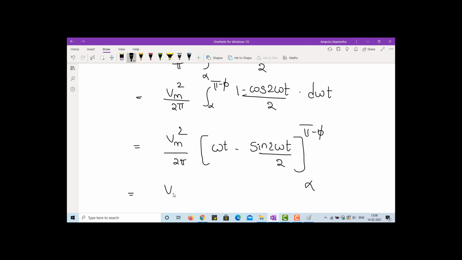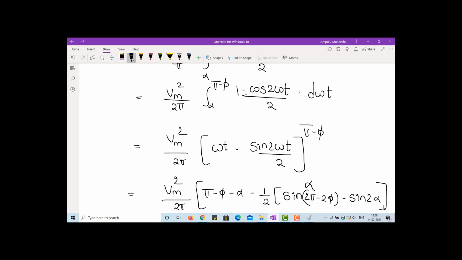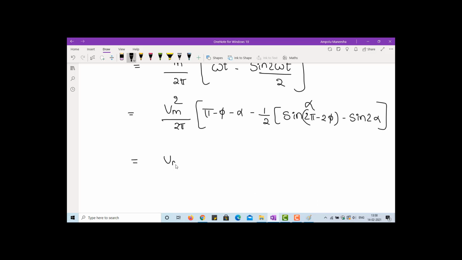After substituting the limits, Vm square by 2 pi times [(pi minus phi minus alpha) minus 1 by 2 into (sin(2 pi minus 2 phi) minus sin 2 alpha)], which is (pi minus phi minus alpha) minus 1 by 2 sin(2 pi minus 2 phi) plus 1 by 2 sin 2 alpha.